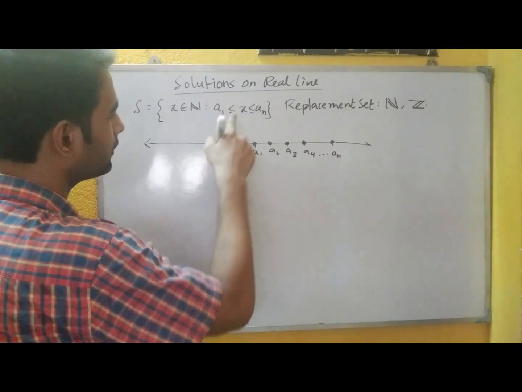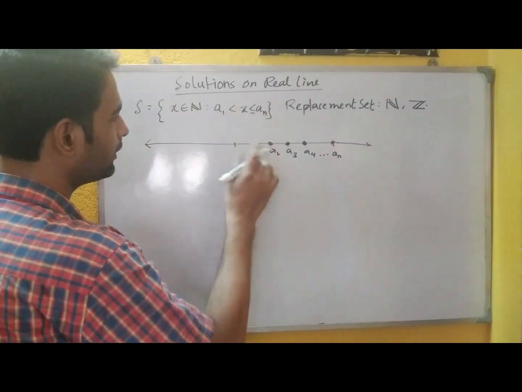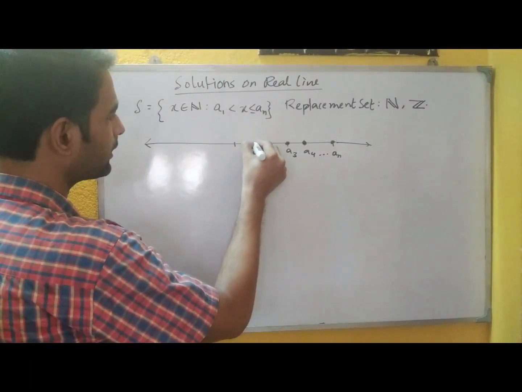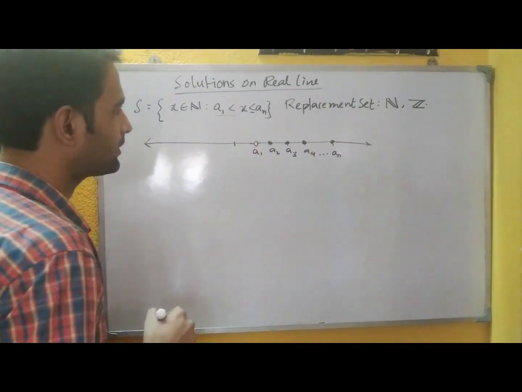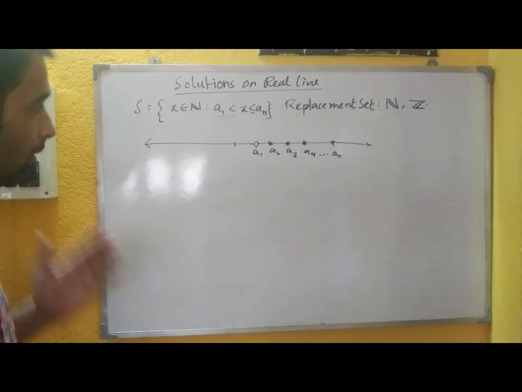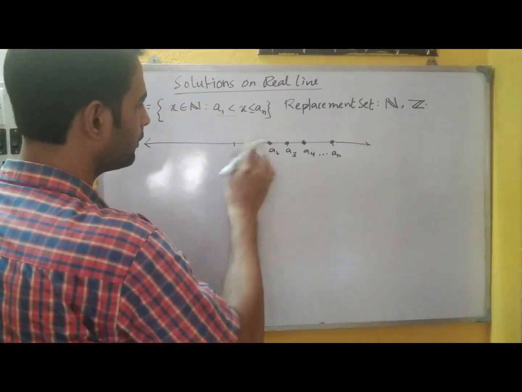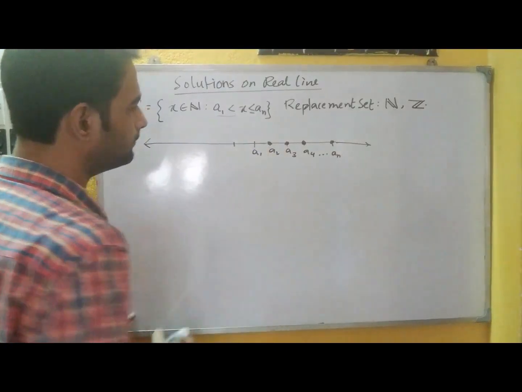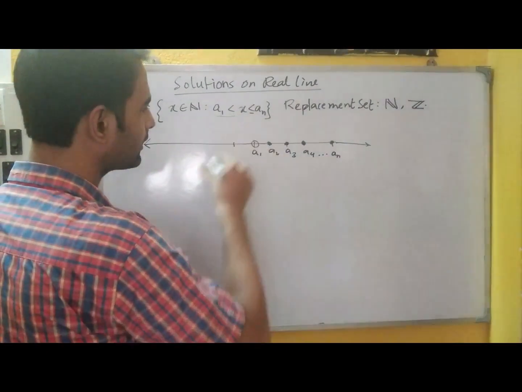But suppose you get a strictly less than sign. Then you can make a circle like this on the point where the strictly less than sign occurs, or you can leave it as it is without any circle. But it is better to draw a circle like this.